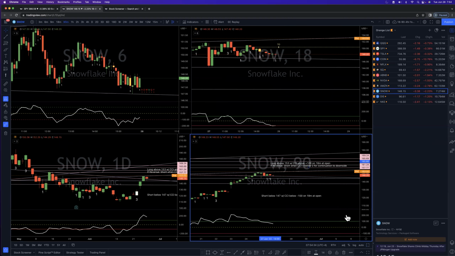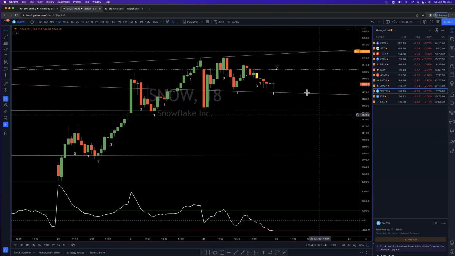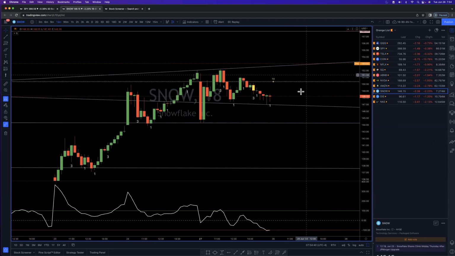Let me go back to the 18-minute. So let me say it again. So let's say price trades up. It's below negative 100 right now. So let's say price trades up and it does not trade above 100 and reverses here and comes back inside this range. I'll be looking for my actionable signals: 322s, 212s, 222s to the downside, if the CCI stays below 0 on this 18-minute.